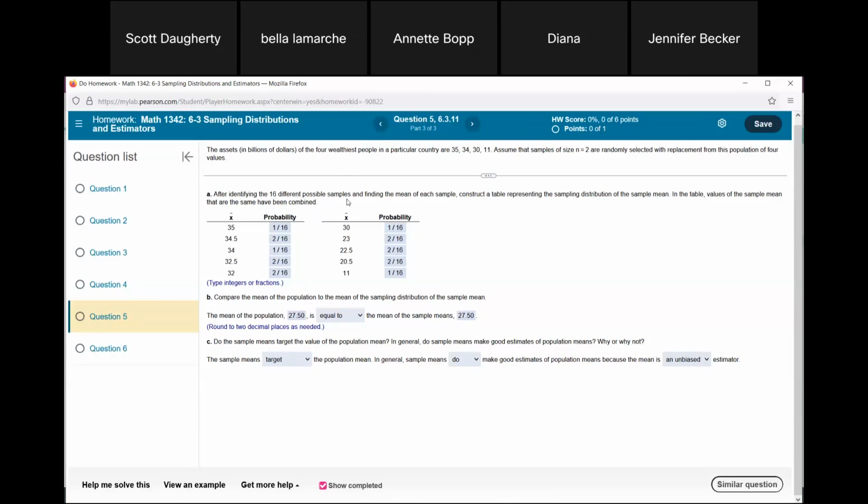Then you go through and calculate the probability of getting any of these sample means. I'll let you do that. It's just a little bit longer because you have 16 samples instead of 9, and that's because you have 4 numbers in the population and you're sampling 2. So you're going to get a bigger number of X bar values here. So that's kind of like what I did. It's just a little bit longer.